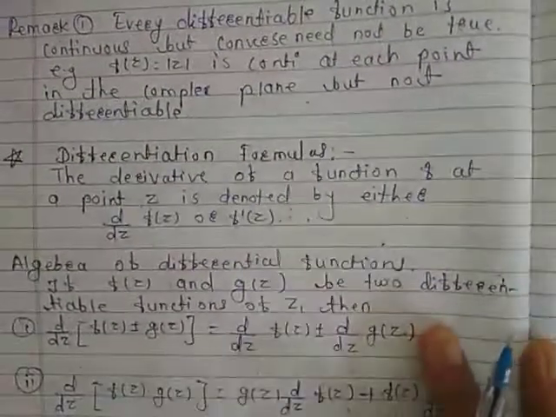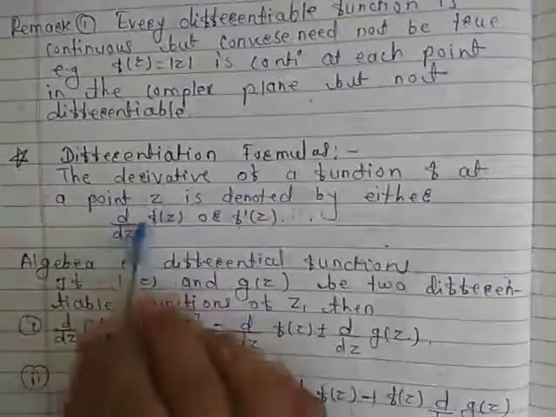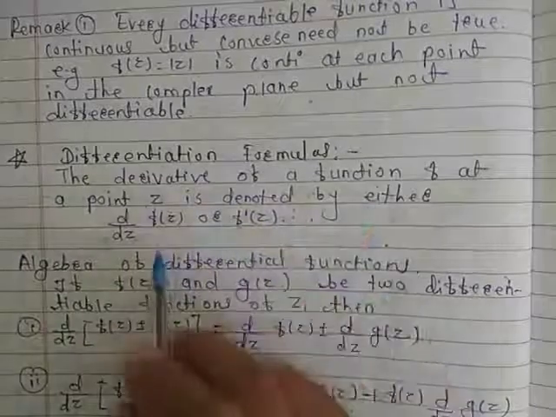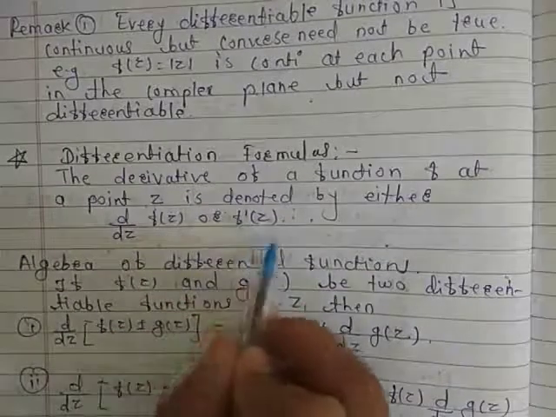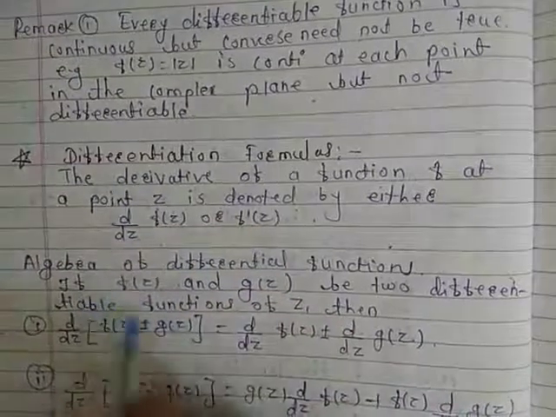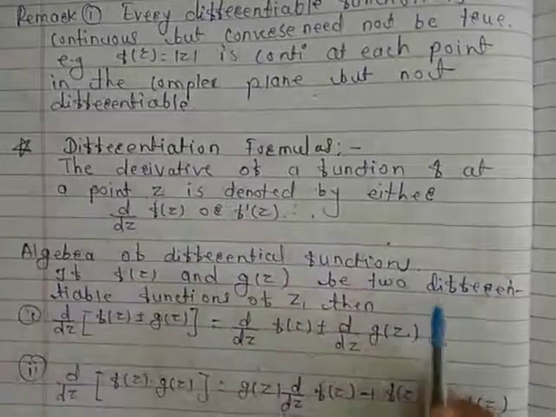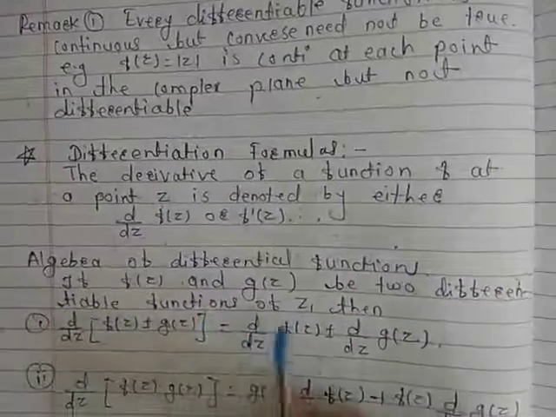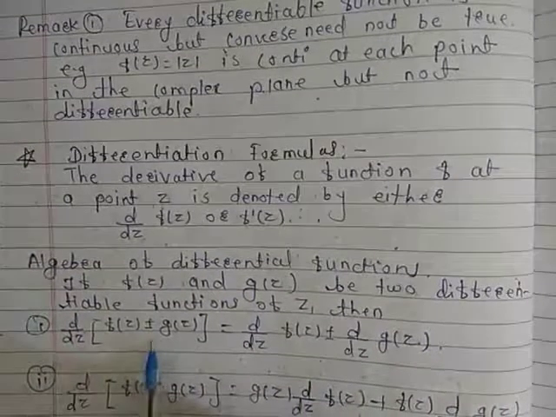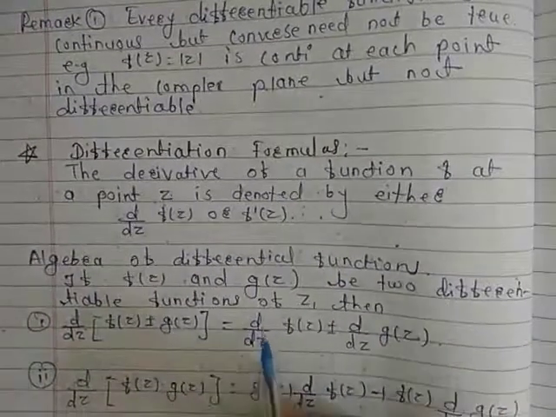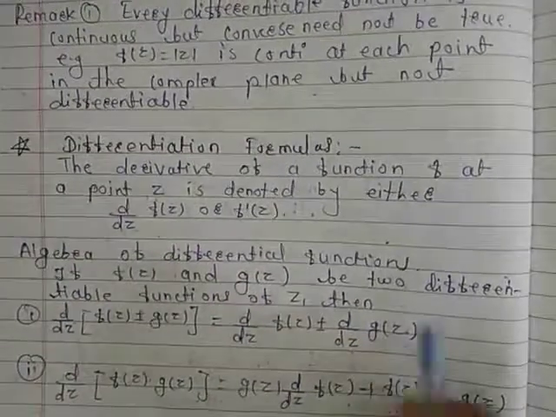Next topic is differentiation formula. The derivative of a function f at a point z is denoted by either d by dz of f of z or f dash of z. Algebra of differentiable functions: if f of z and g of z are two differentiable functions of z, then d by dz of f of z plus or minus g of z is equal to d by dz of f of z plus or minus d by dz of g of z.